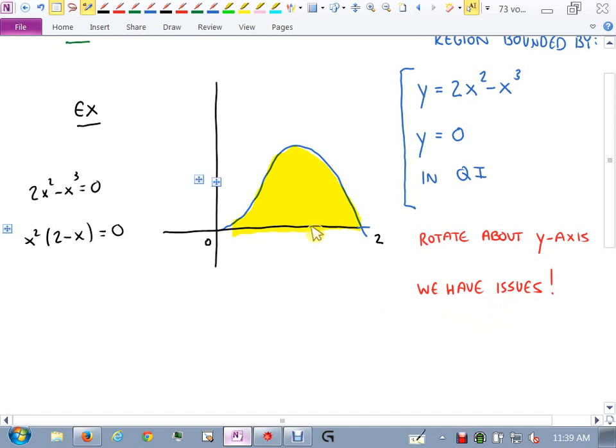So let me see if I can convince you of another approach to finding a volume, if that's going to go around the y-axis, right? See if you believe this. Let's say I take my rectangle, right, and draw it right here. Well, I won't use blue. Let's say I take this green rectangle in here. If I were to take that green rectangle and rotate it around the y-axis, it would look like this.